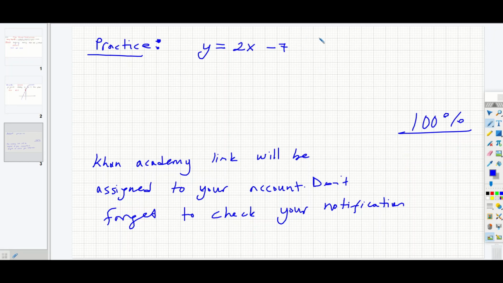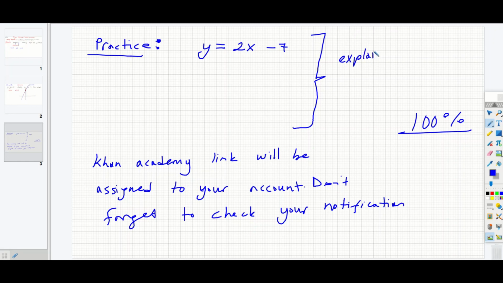And don't forget to work on this. I need the explanation step by step on Socrative: how you graph first, how you find the slope, what the y-intercept is, and how you graph the equation with the slope and y-intercept.